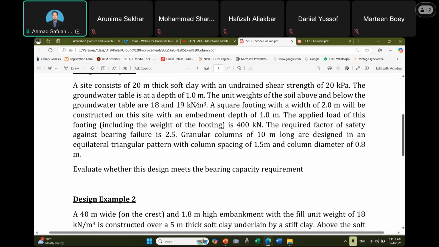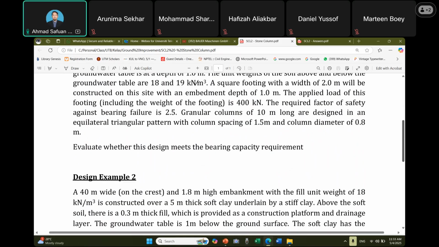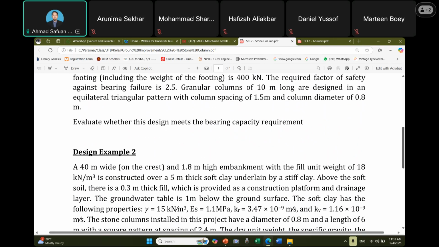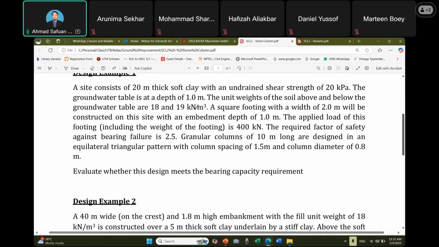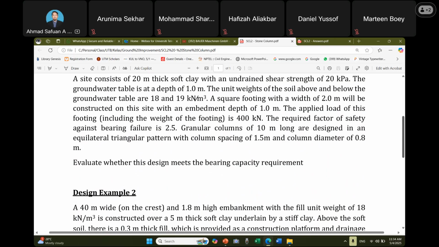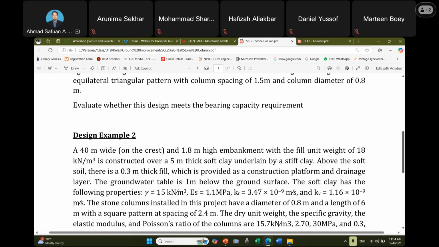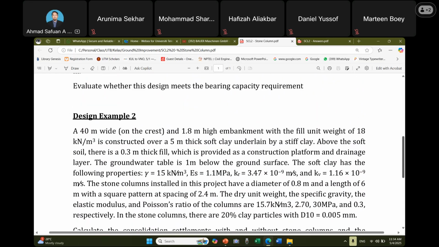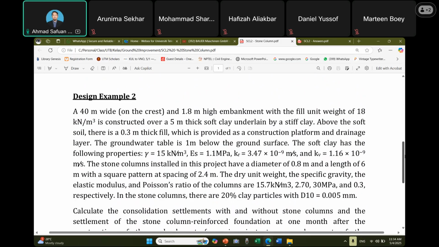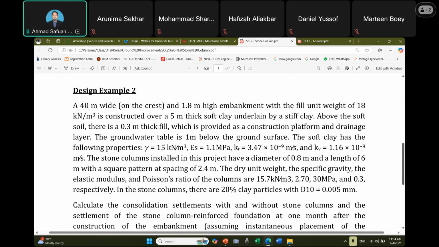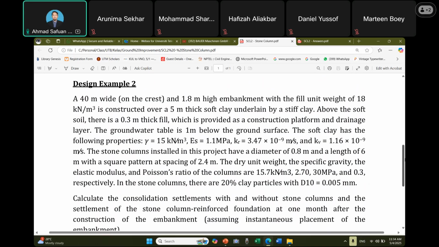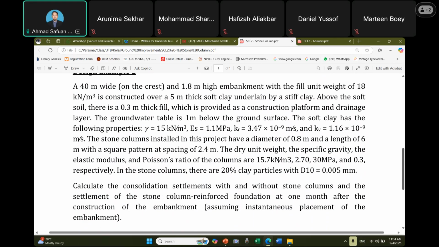Okay. So now for design example 2. A 40-meter wide on the crest and 1.8-meter high embankment with a field unit weight of 18 kilonewton per meter cube is constructed over a 5-meter thick soft clay underlain by a stiff clay.